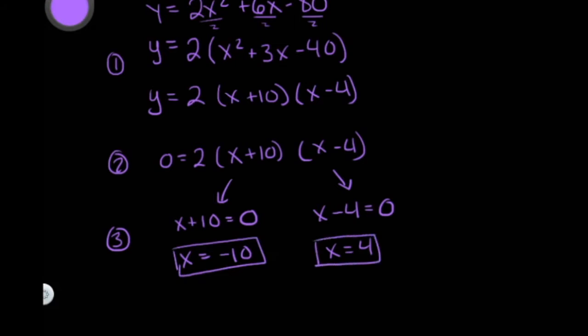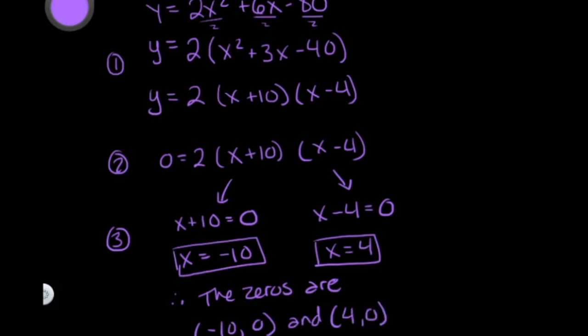So therefore, the zeros are, so again, if we're writing this as a coordinate of where the parabola is passing through the x-axis, one point it's going to pass at is at -10 and 0, and +4 and 0.